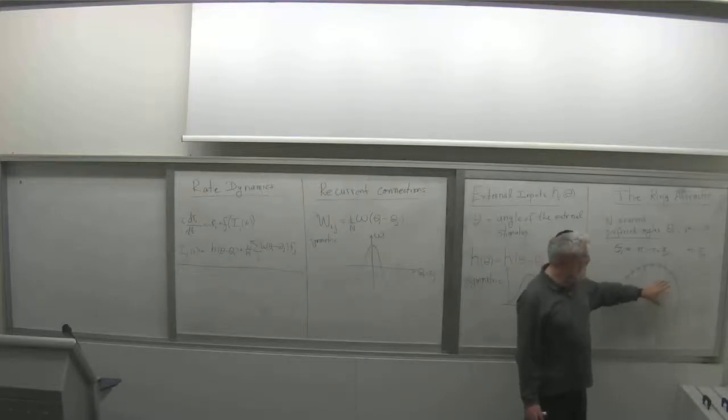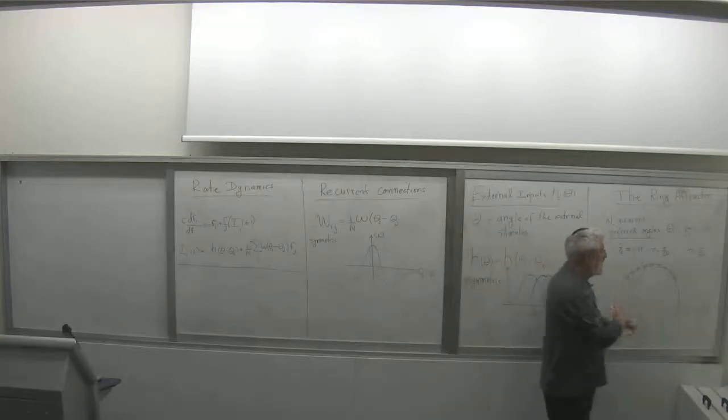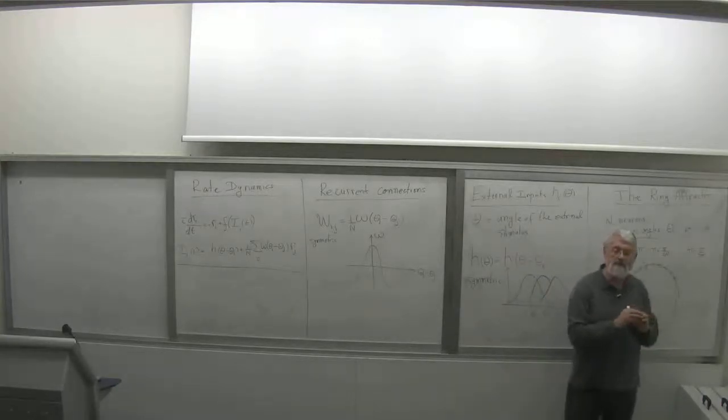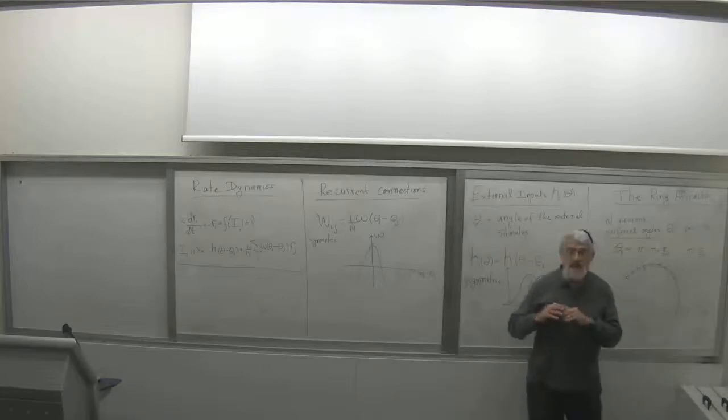Even if the input is uniform, even if the input doesn't look like that, the network will not like to stay in a uniform state. The homogeneous state or the uniform state under those conditions will be unstable.